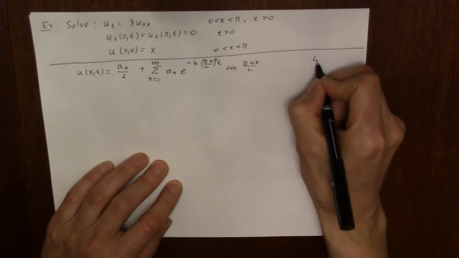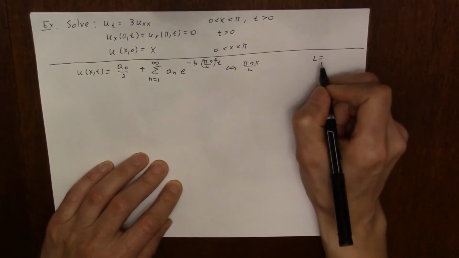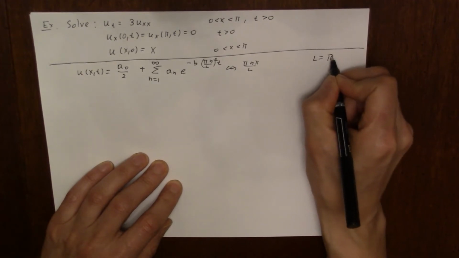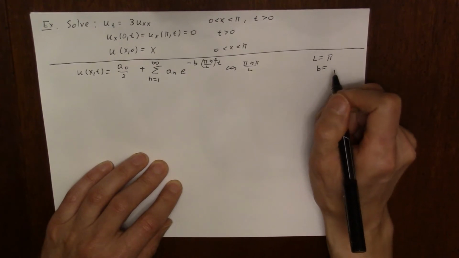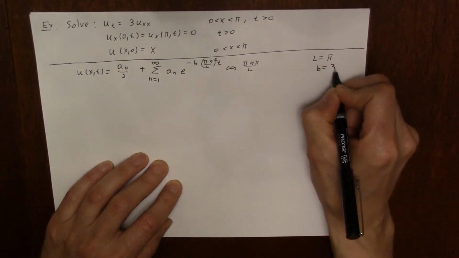In our case, l is the length and the length is pi. B is the coefficient of the second derivative of u, so it's 3.